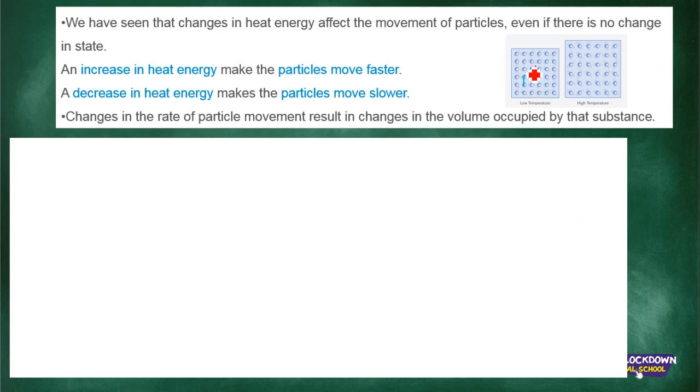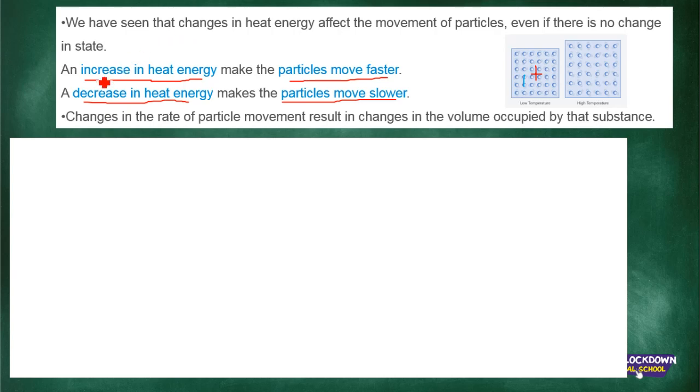So an increase in heat energy makes the particles move faster. This is important for you to know, that an increase in heat energy makes the particles move faster. And a decrease in heat energy makes the particles move slower.